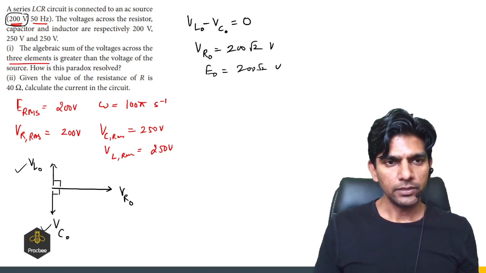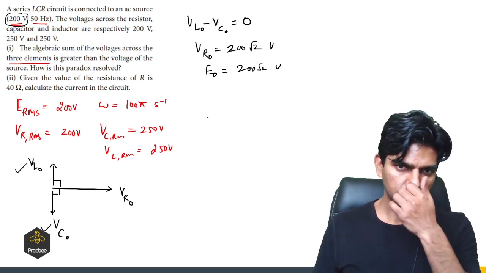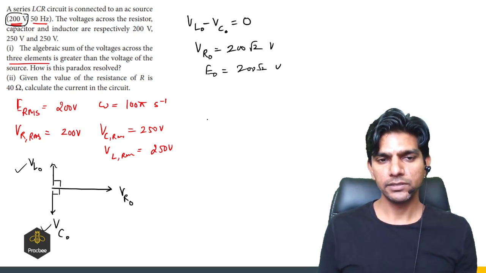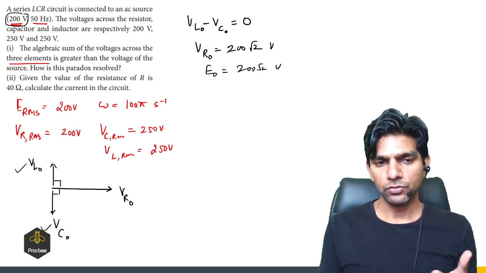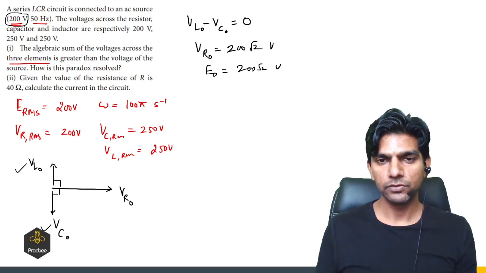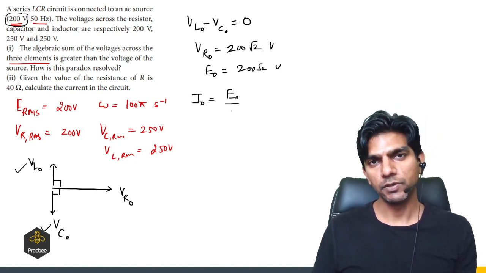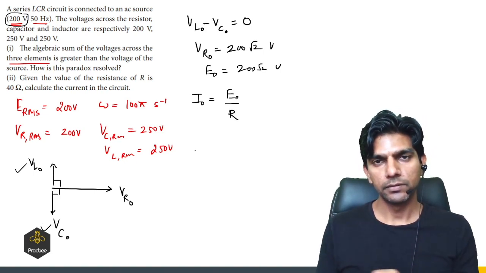Now let us see the second part. Given that the resistance R is 40 ohms, calculate the current in the circuit. We have to find the current. Since there is no reactance in this particular circuit, because VL naught gets cancelled out with VC naught, the peak current will be given by E naught divided by the impedance, and the impedance in this case will become R. Is it clear?